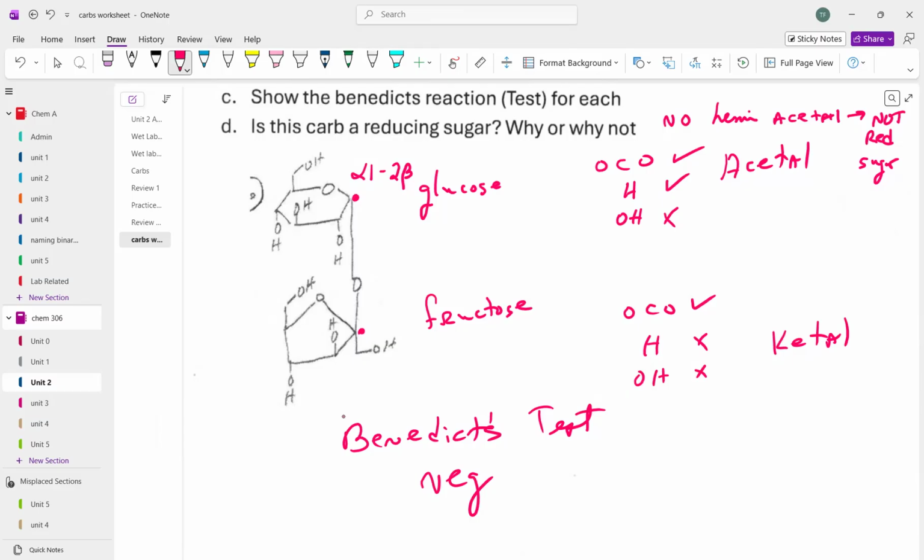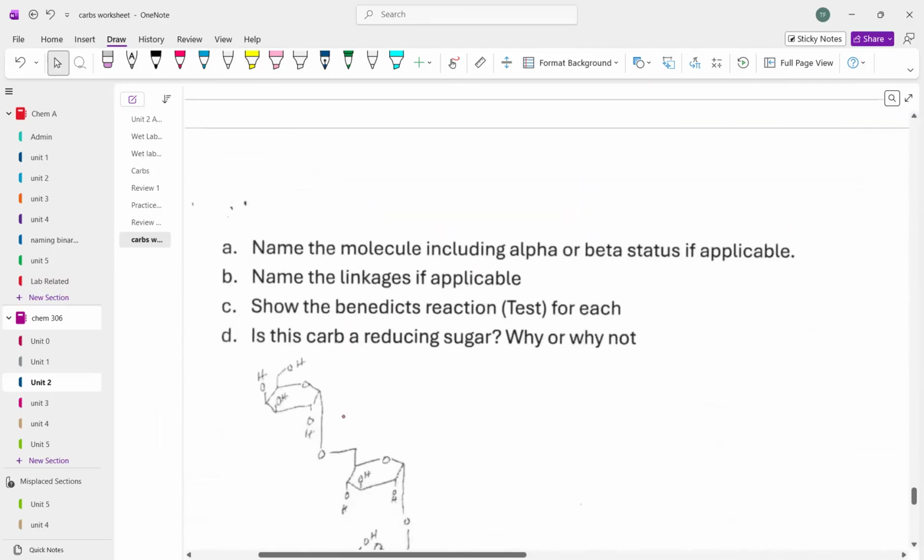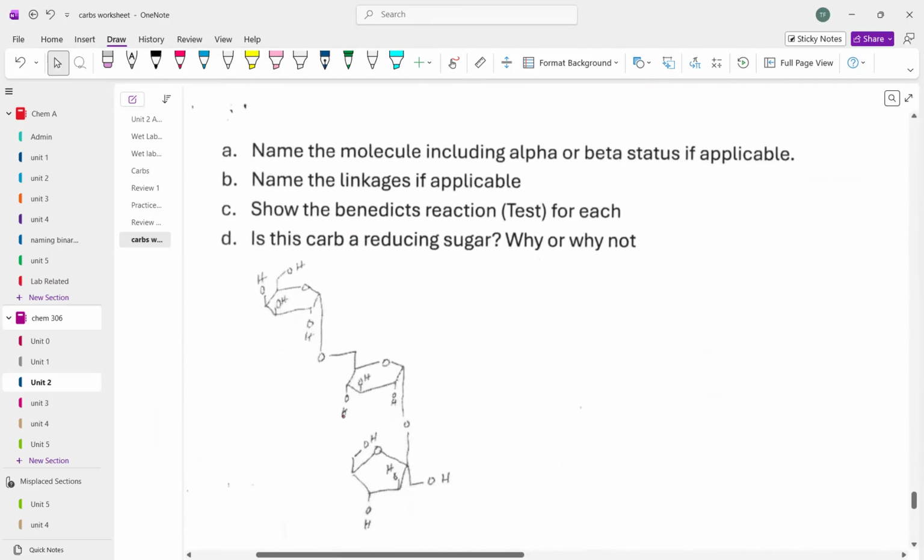Hemiacetals are the only ones that can open up.